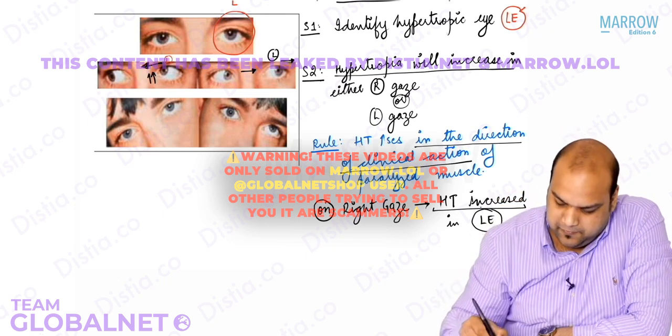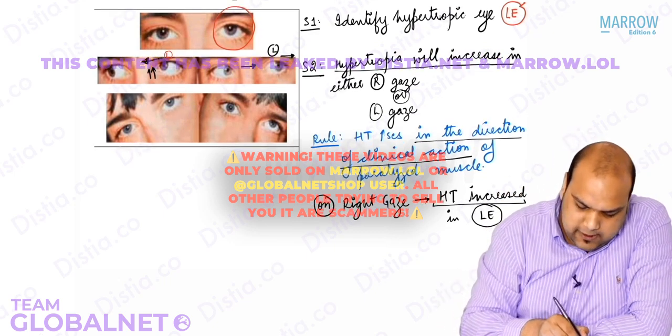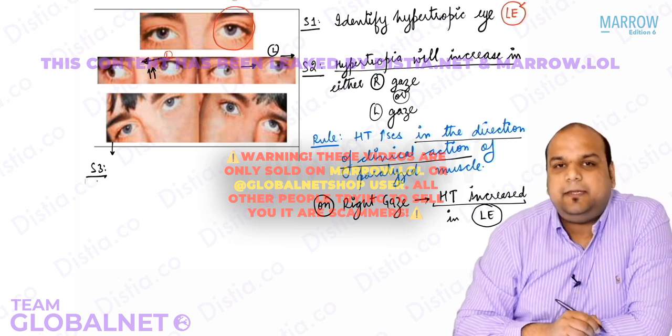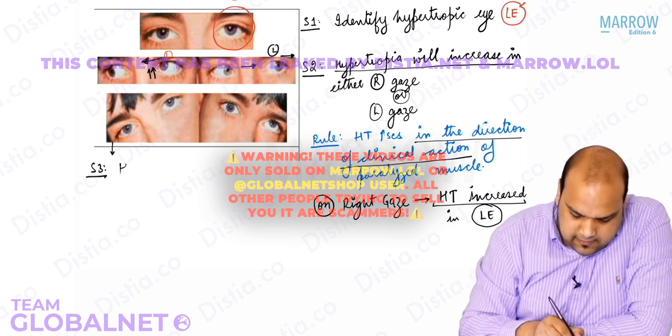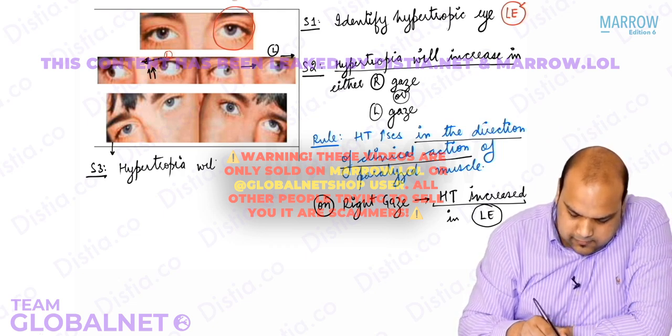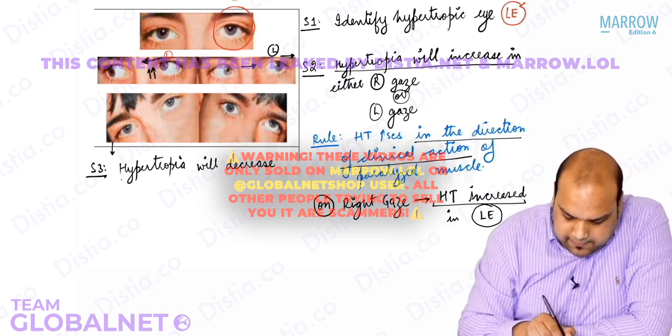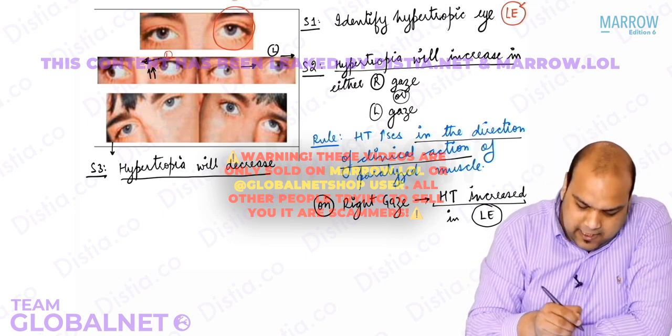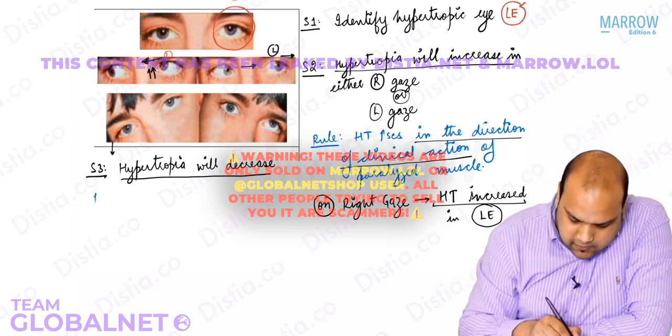Now, after we know step 1 and step 2, let's move on to step 3. This photograph. In step 3, we see hypertropia will decrease. What is the rule?